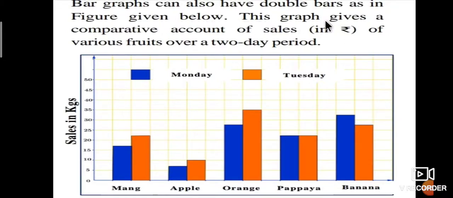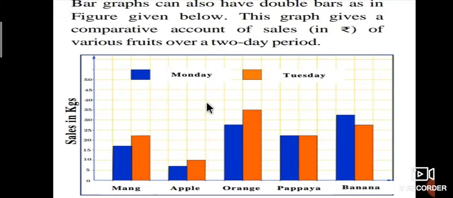This bar graph gives a comparative account of sales in rupees of various fruits over a 2 days period. Write down the second graph. This graph gives a comparative account of sales of various fruits over a 2 days period.